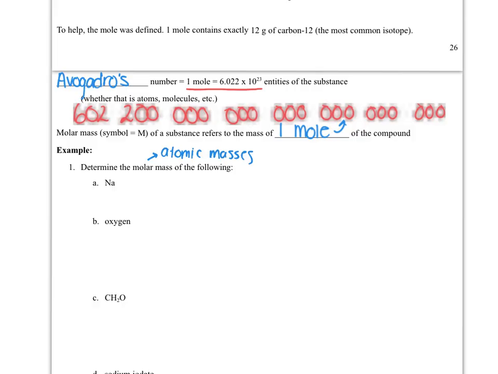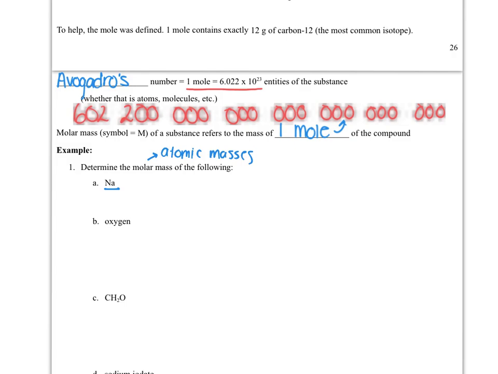So when we look at the atomic mass of sodium on our periodic table, we find the element sodium, Na, element number 11, and you look at the atomic mass for sodium. It's right underneath its name on our periodic table. Right now, I want you to take out your periodic table and find the atomic mass of sodium. Pause the video and then unpause to see if you got it right.